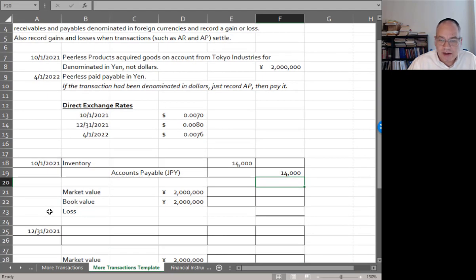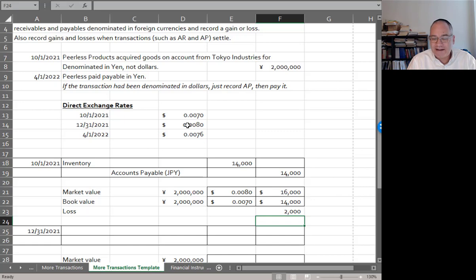December 31st, I'm going to have a balance sheet date. So previously, my yen was worth 0.007, or $14,000. And now, as of December 31st, it's 0.008. And again, when you're doing these transactions, you really want to think out loud sometimes. I used to work with this accountant guy.